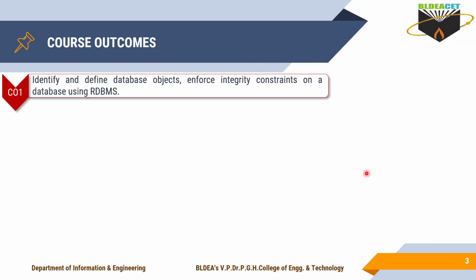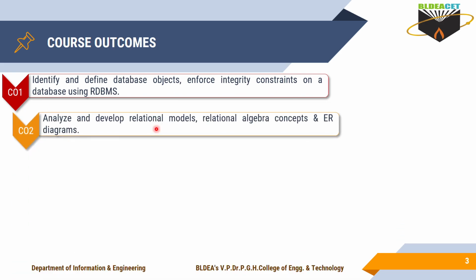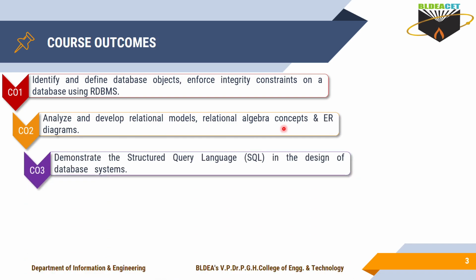So what are the outcomes of this course? After learning this course, you will identify and define the database objects, and enforce integrity constraints on a database using RDBMS. Next, analyze and develop relational models, relational algebra concepts and ER diagrams.